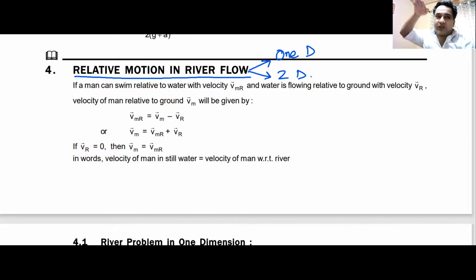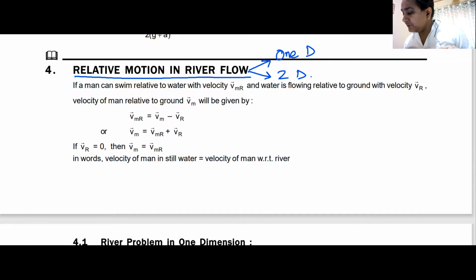So the velocity of the plane was given to you. The height of the plane from the ground was given to you. When I was throwing a projectile from a tower, the height of the tower was given to you. When I was throwing a projectile from the ground, the initial velocity and the angle were given to you. There are some terms that always come in a particular type of question. What type of terms do we see in river flow questions?